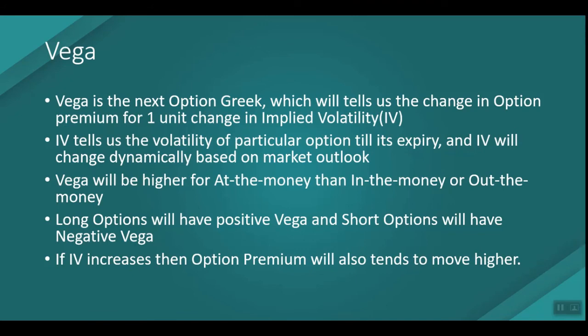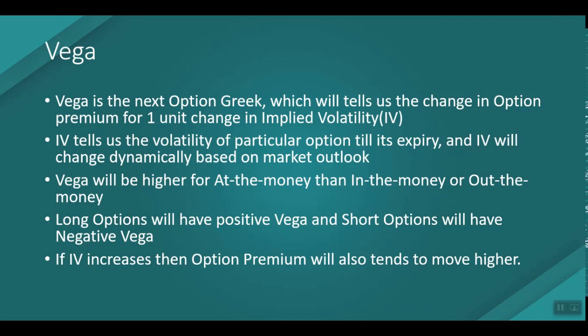Okay, so before the day of the result the IV will increase, so if you are a seller, then once the result gets announced the IV will tend to cool down. So by that you will be able to capture the option premium even if the stock is not moving anywhere. Based on the IV cooling down, you will earn some option premium.